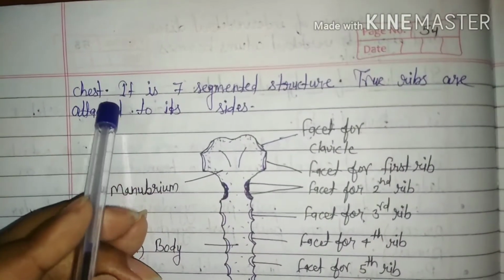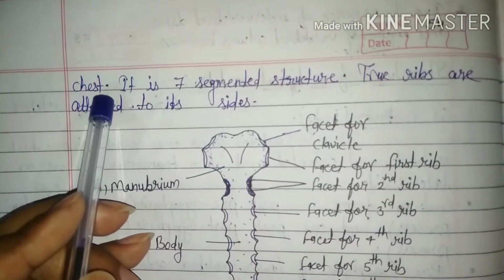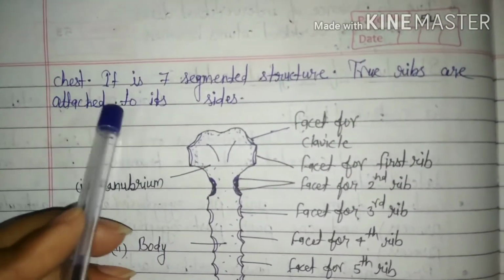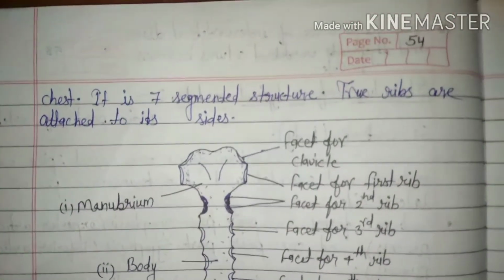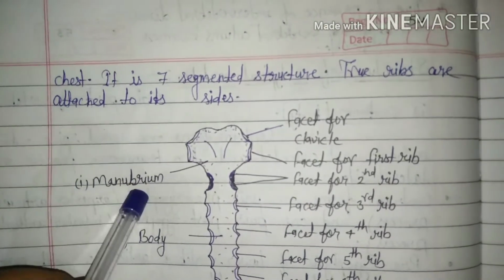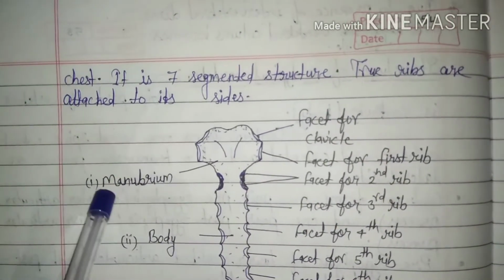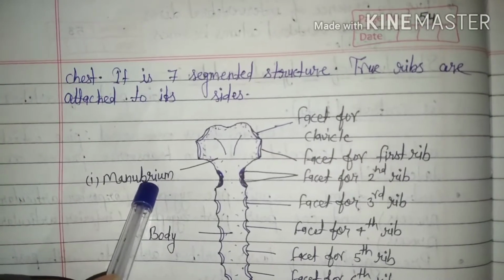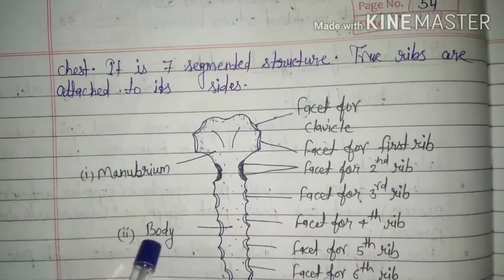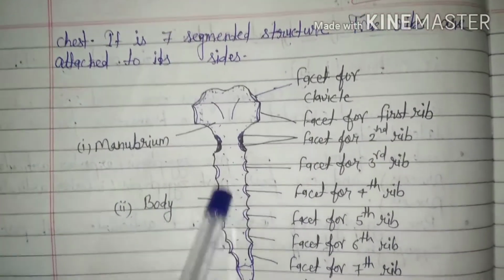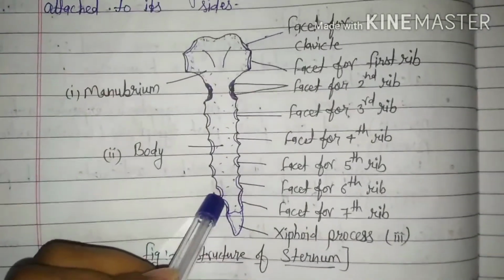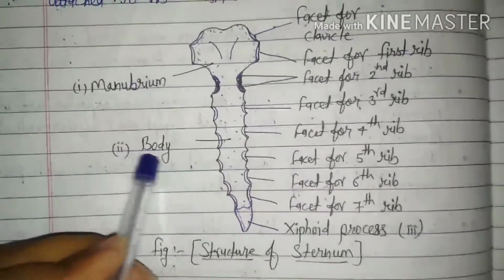Sternum is a three-part structure and ribs are attached to its sides. Manubrium is the anterior part and also called prosternum. Second part, body. It is the middle and largest part of the breastbone. It is also called mesosternum.